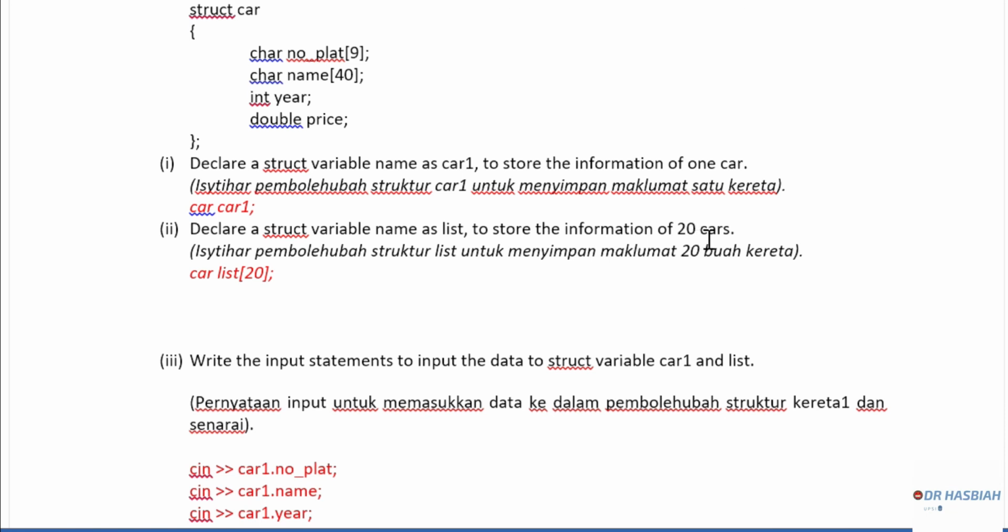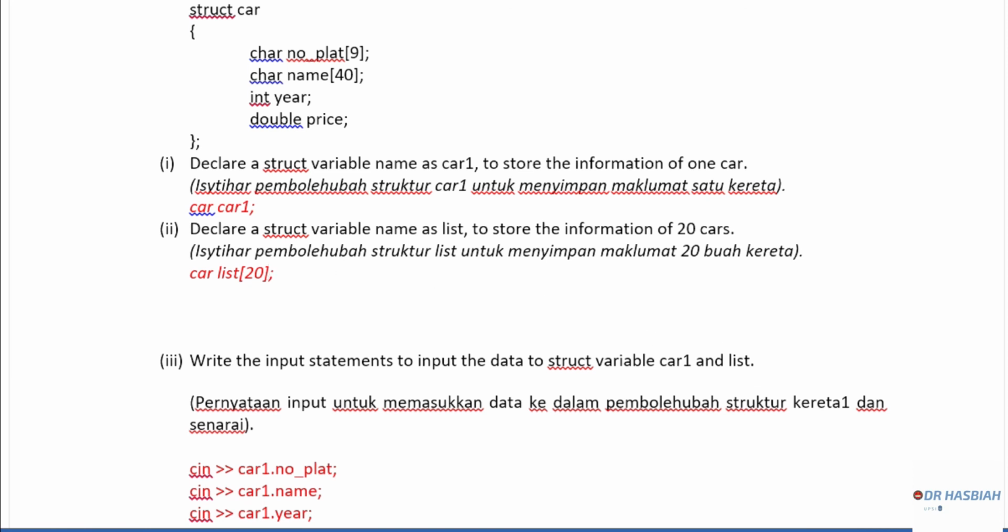For 20 cars. So we declare here list car. Whatever you have in car here, the struct members number plate, name, year and price, will be in the list. But for how many cars? We have 20 cars. If you just declare that, it is only one car, but now we have 20 cars. So this is the second question.